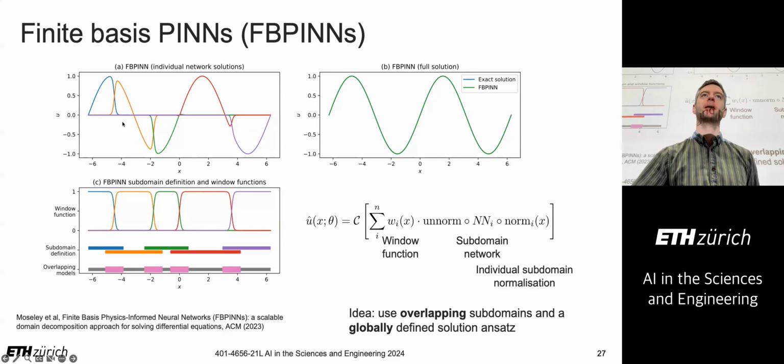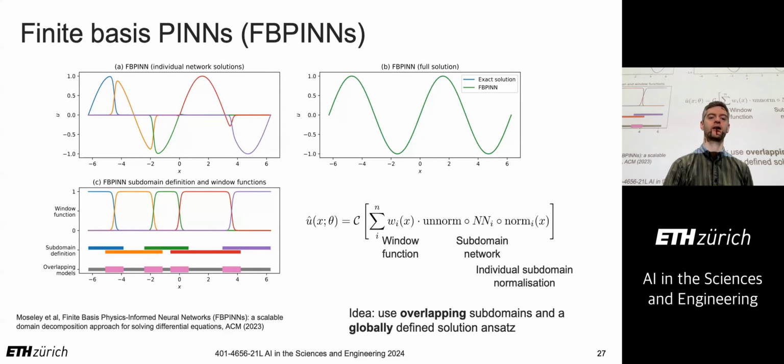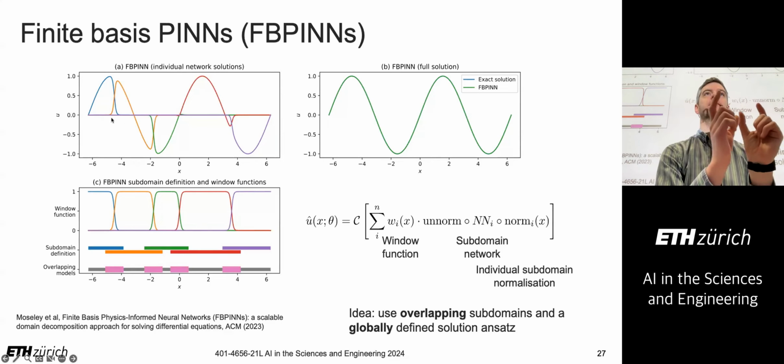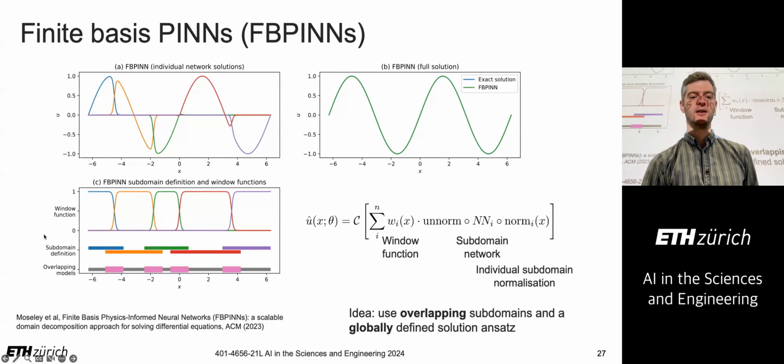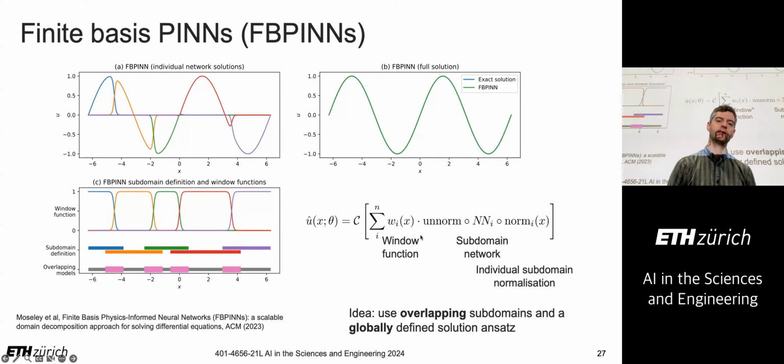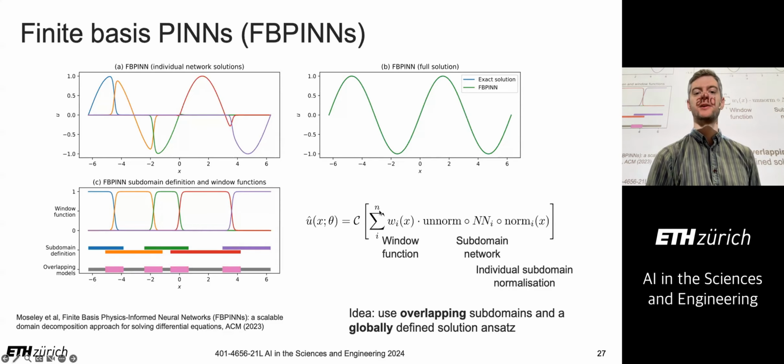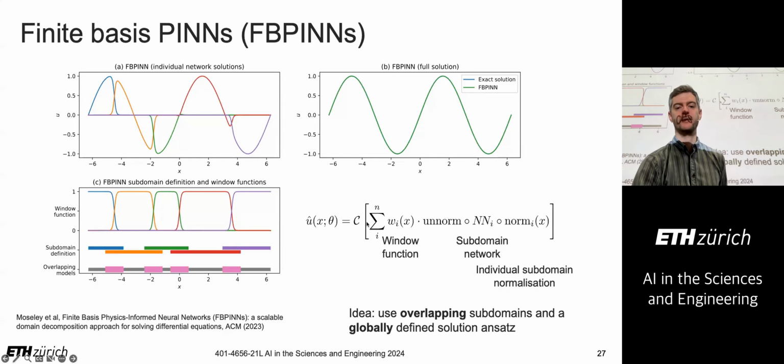You have to know something about the solution a priori, but you can choose the domain decomposition to fit it if you do. We're not limited to fixed size subdomains here. You can see each of these are actually different sizes. And what's cool and interesting, and we're actually researching at the moment, is whether we can learn these window functions, whether we can actually learn the subdomain decomposition. We basically parameterize the window function. For example, we say that the mean of the window and maybe the width of the window are learnable parameters, and we learn them inside the PINN loss.